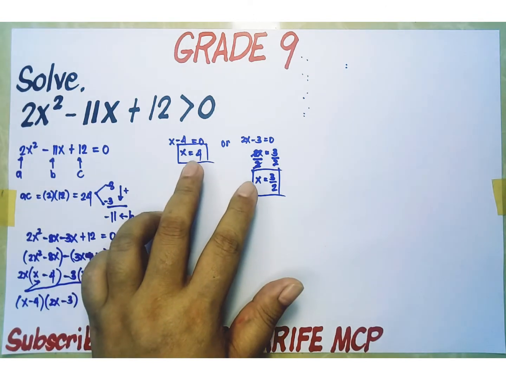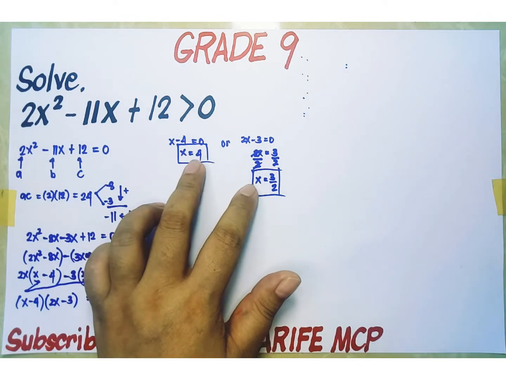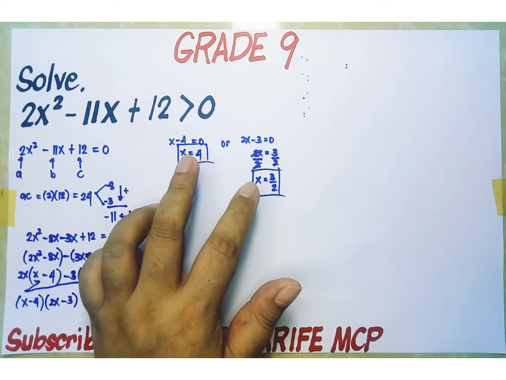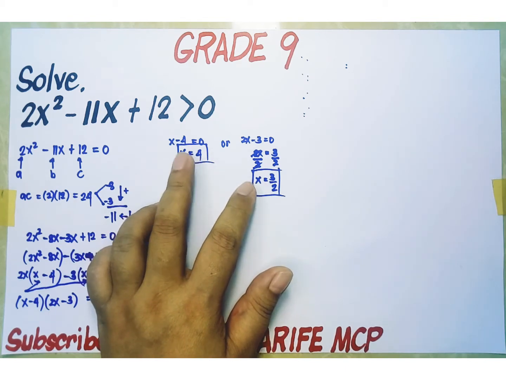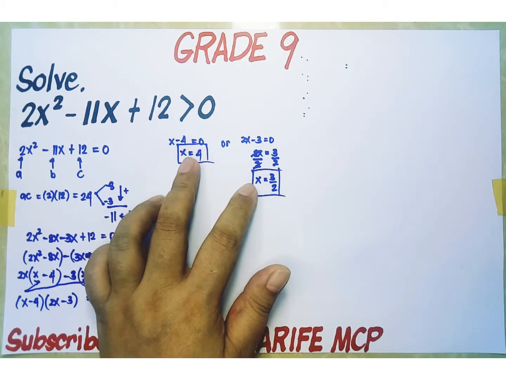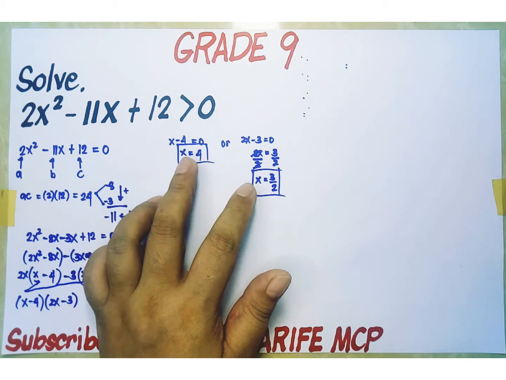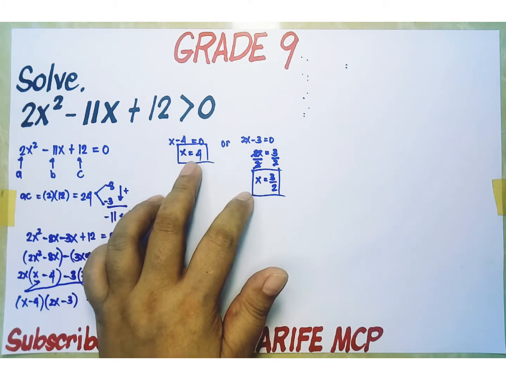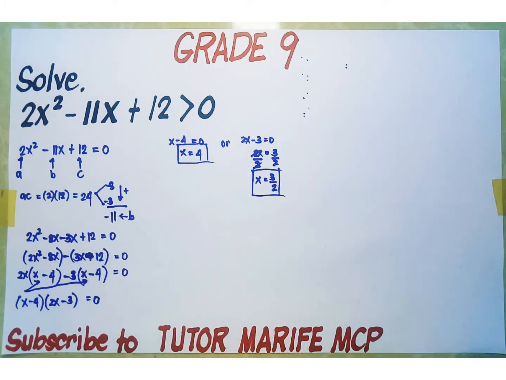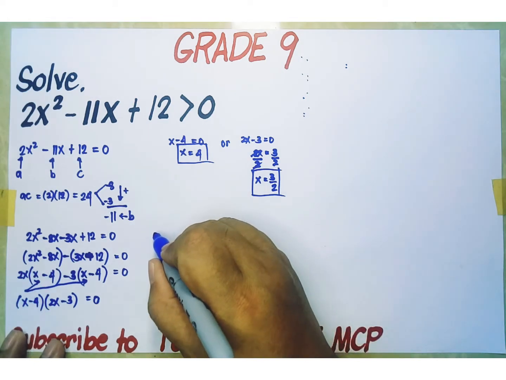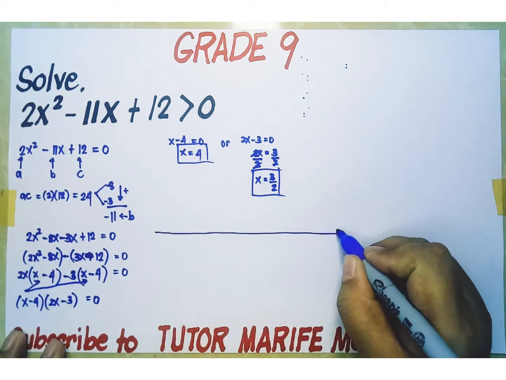Okay? These two values of x, the x-intercepts, the zeros, will be our boundary points or our critical points. Okay? So, the next thing that we need to do is to draw our number line, our x line.